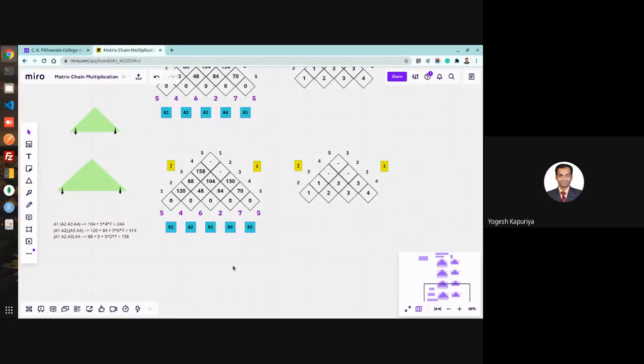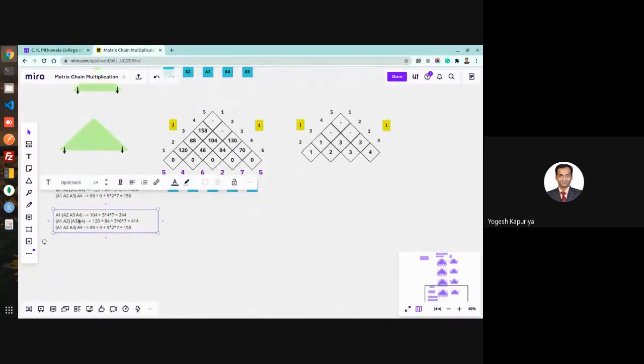Similarly, you can do it for the other case. So let's do it. We are interested in A2, A3, A4 and A5. We are interested in A2, A3, A4, A5.